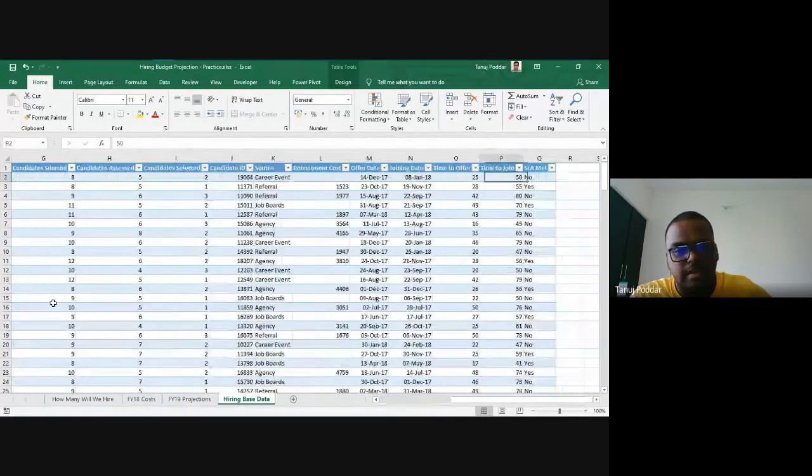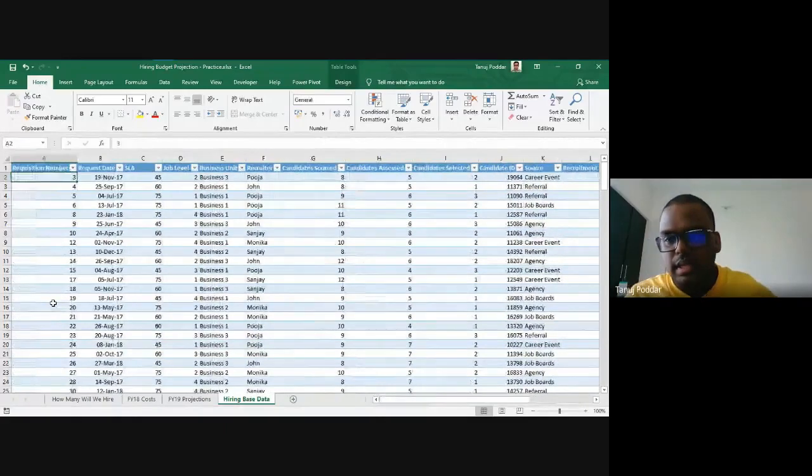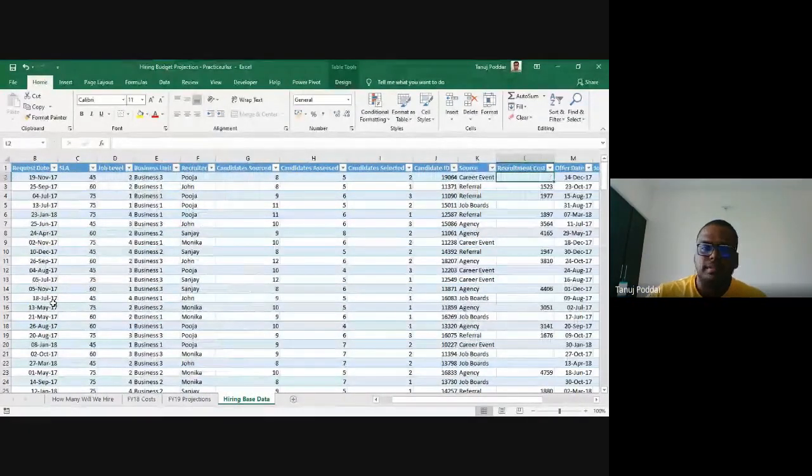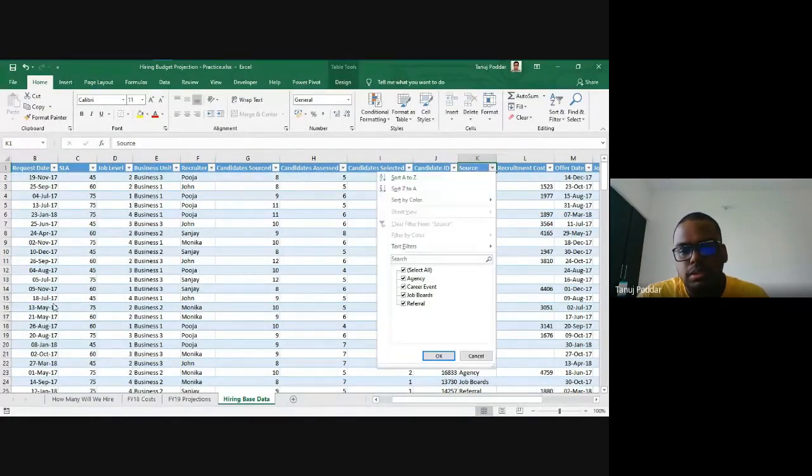Just additional information, in case you want to get an idea of what kind of fields are relevant if we want to carry out some other kind of analysis on this data set. But coming back to the important thing: for each job level and business requisition that is coming, we are saying what the source is for that candidate.